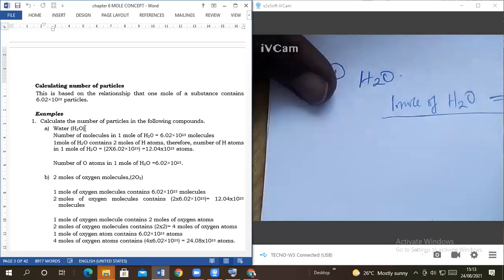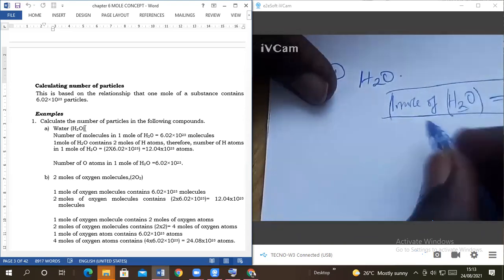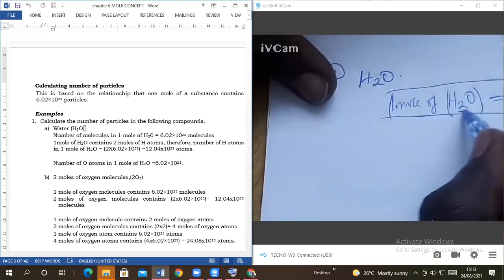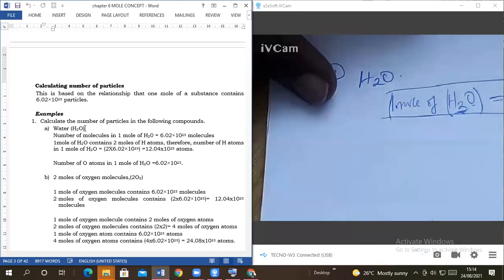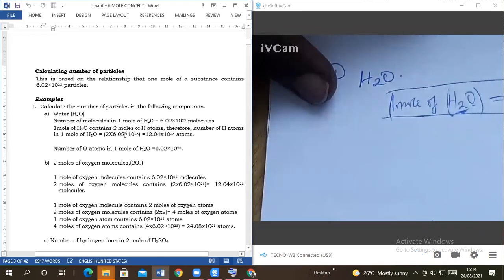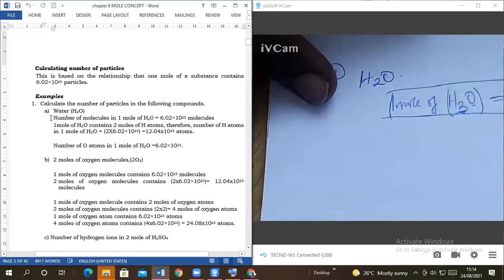These are particles in the water alone as a molecule. Now, in the water you have 2 hydrogen atoms and then 1 oxygen atom. So for each of them, we are going to get the number of particles present inside. If they say find the number of molecules present in 1 mole of water, that one is okay.